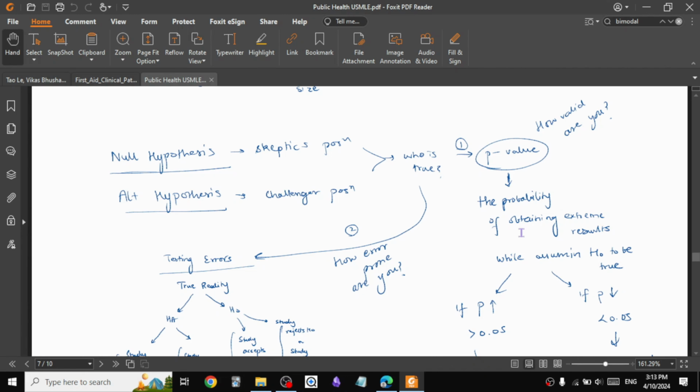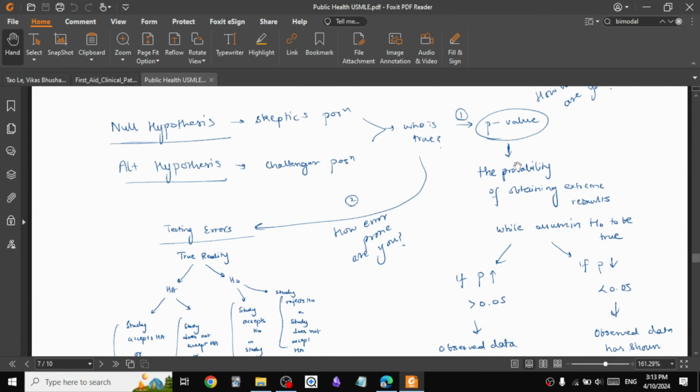That trueness is brought to us by the p-value. The p-value is the probability of obtaining extreme results. So if the p-value increases a lot, that means I'm getting a lot of extreme results, and that means maybe the whole study is not actually valid. That's what the p-value indicates.